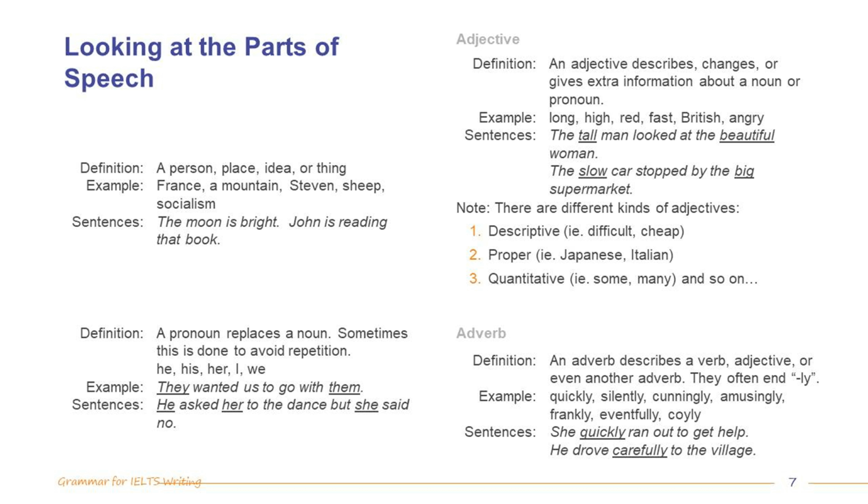Adverb. An adverb describes a verb, adjective, or even another adverb. They often end in ly. Quickly, silently, cunningly, amusingly, frankly, eventfully, coyly. She quickly ran out to get help. He drove carefully to the village.